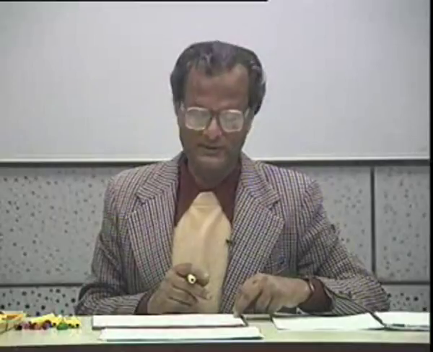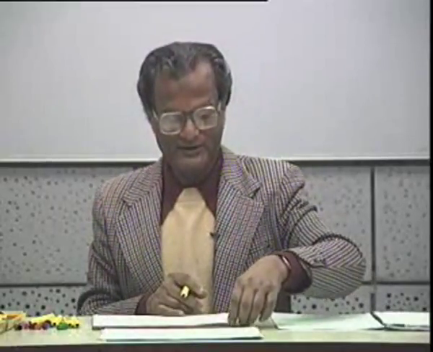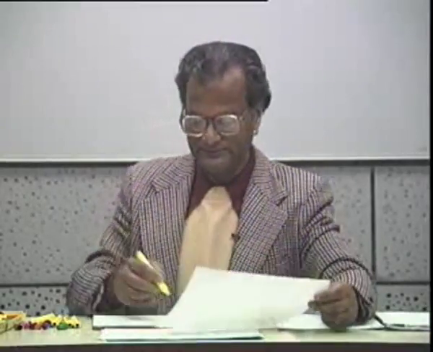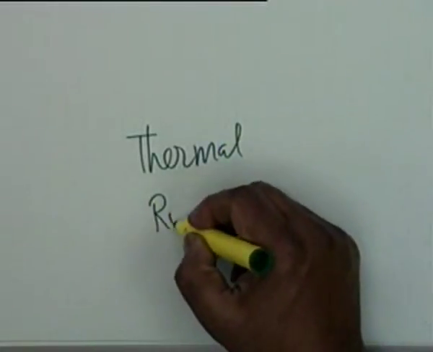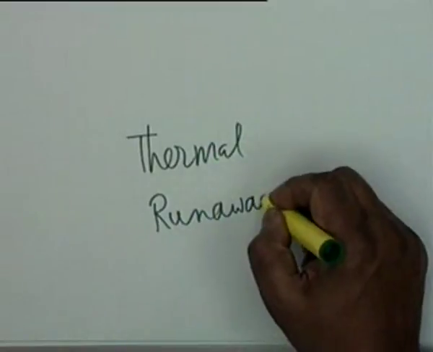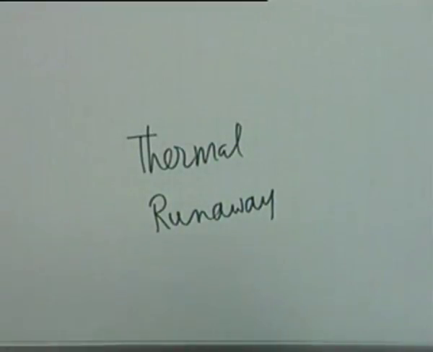That means it is a vicious circle. Ultimately, unless you switch off the power supply, the transistor will be burned. This phenomenon is called thermal runaway. The transistor ultimately gets destroyed.